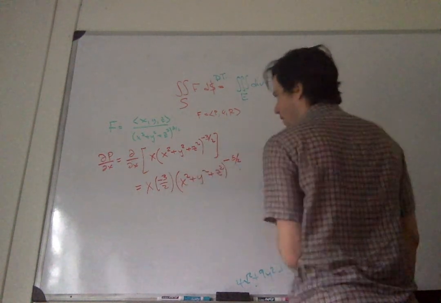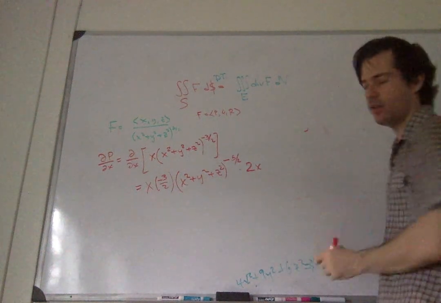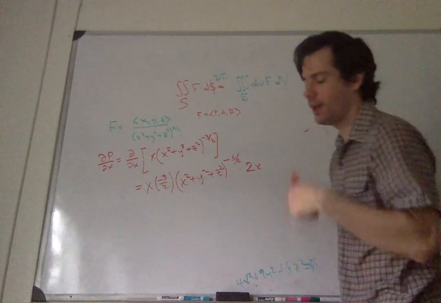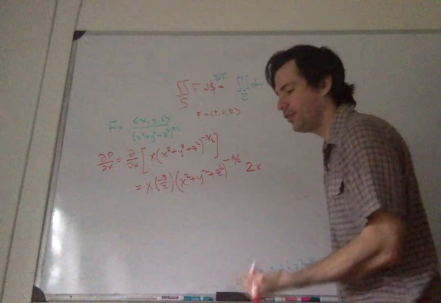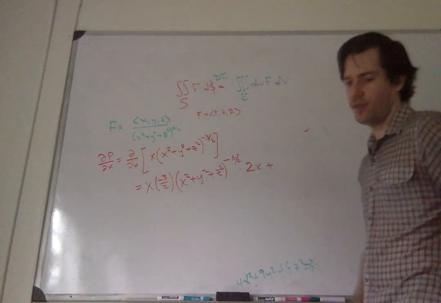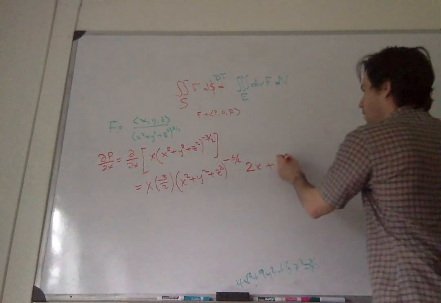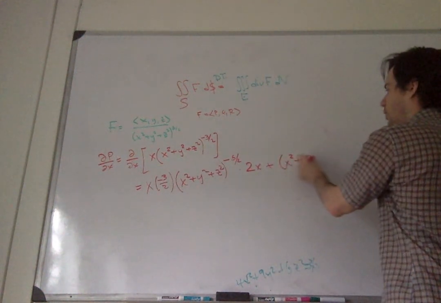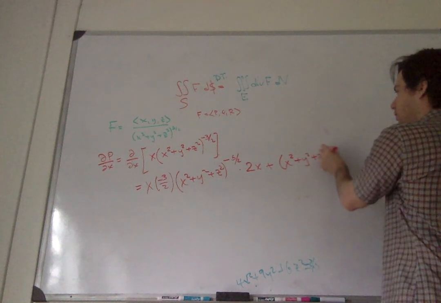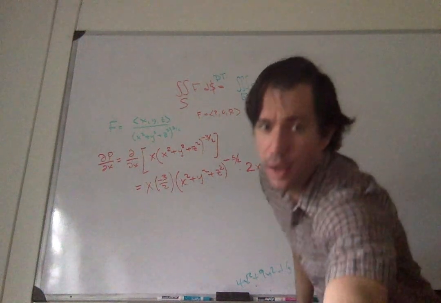Multiply by the derivative of the inside with respect to x, which is 2x. Now I want to take the derivative of the first part, that's x, so we should just get 1. So this is x squared plus y squared plus z squared to the negative 3/2 power. We left the second part constant.